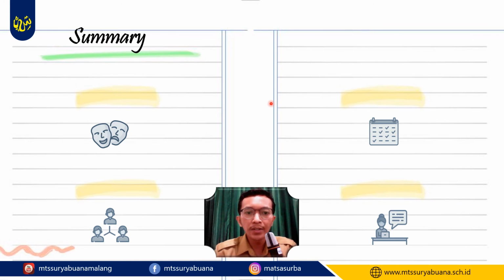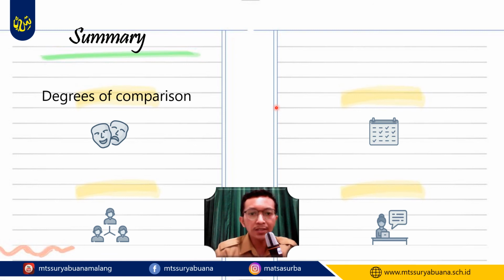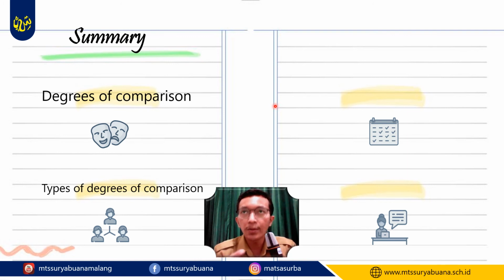Let's make a summary of the materials in this video. Students, in this video we discussed what degrees of comparison are, and also the types of degrees of comparison. There are 3 types: the first is positive degree, then comparative degree, and the last is superlative degree.